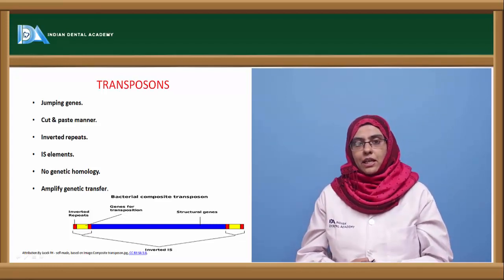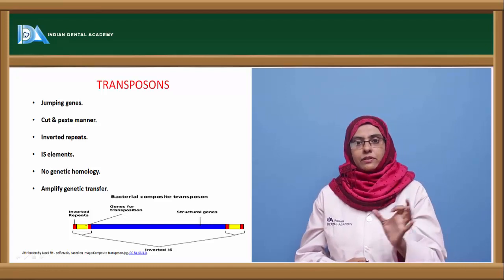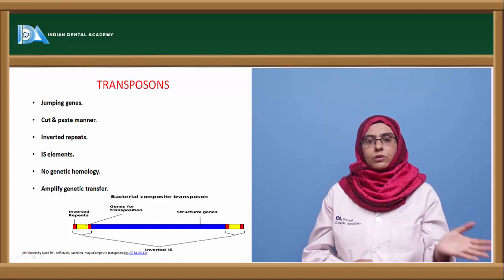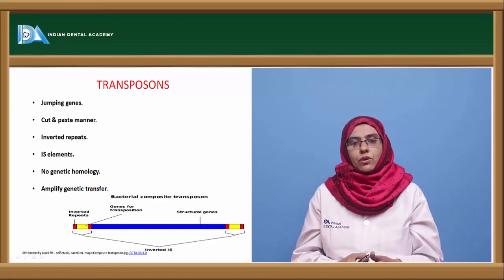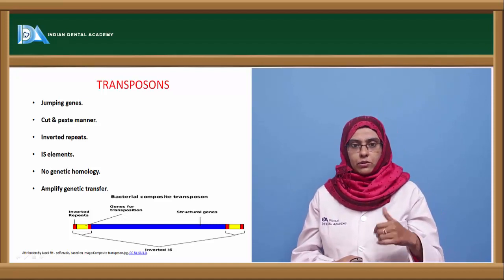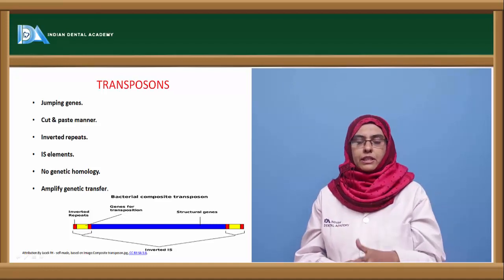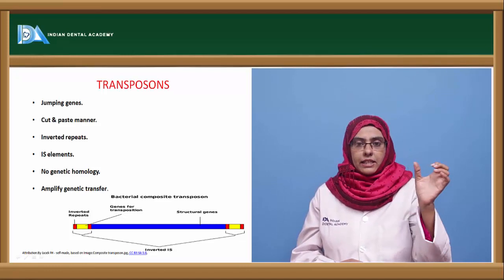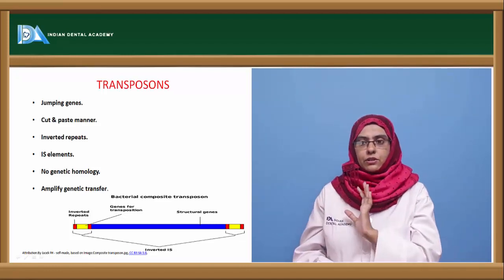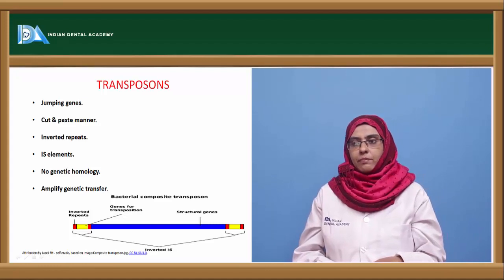So transposons are segments of DNA which are genetically discrete and can move from one part of the chromosome to another by a mechanism called cut and paste. Sometimes they can also do a copy and paste mechanism, but mostly it is cut and paste, where the segment of DNA is cut from one part and introduced into another part. So they are called jumping genes.